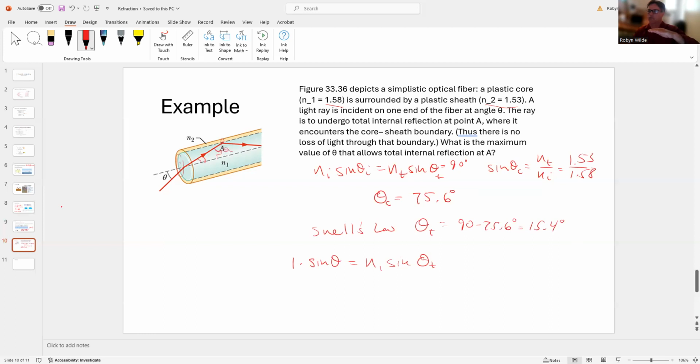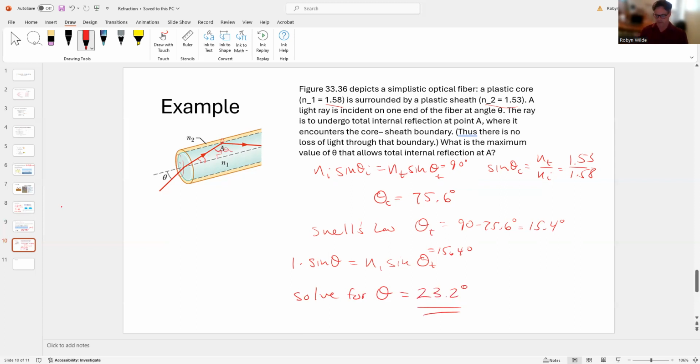So at the point where I'm just at the critical angle, my theta t is 15.4 degrees, and I can solve for theta. Theta turns out to be 23.2 degrees, and there's my answer.